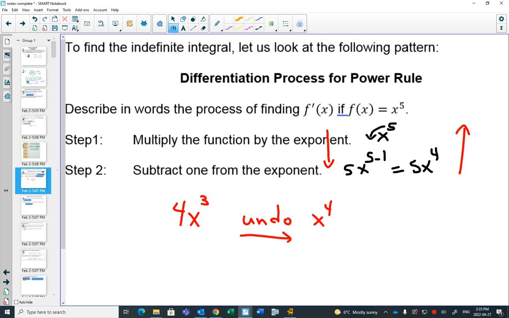So if the last thing we did was subtract 1 from the exponent, the first thing we would do is add 1 to the exponent. And if the first thing we did was multiply by the number in front, we now would have to undo that. What's the opposite of multiplying? Dividing.